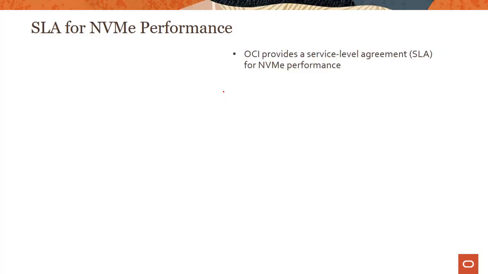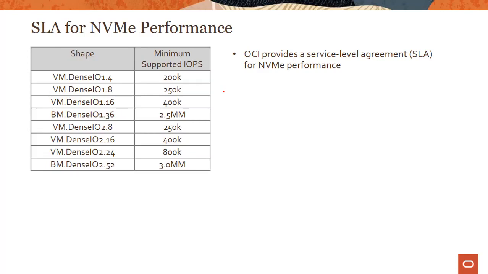Though we don't configure RAID out of the box, we do provide SLAs for NVMe performance. And again, you can get these numbers from our documentation page, but you can see that going from dense IO 1.4, 2.8, 2.16, and so on and so forth, you can see the minimum IOPS value we support.